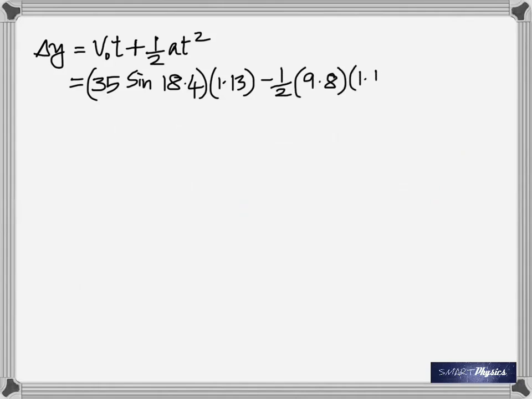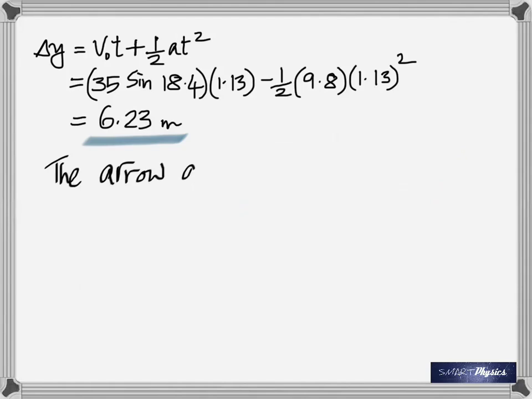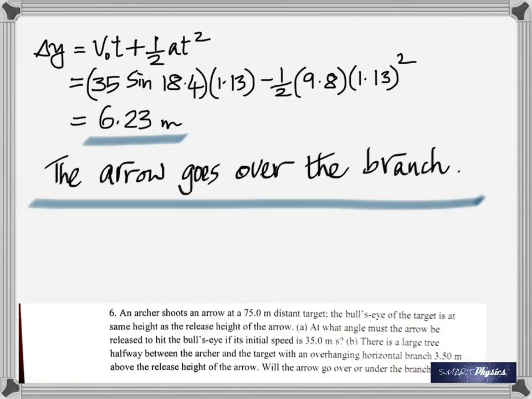And when you substitute, you get 6.23 meter, which means the arrow goes over the branch. Because remember, the branch was only 3.5 meters above, so the arrow goes over the branch.